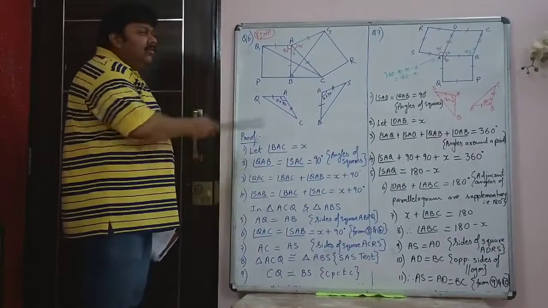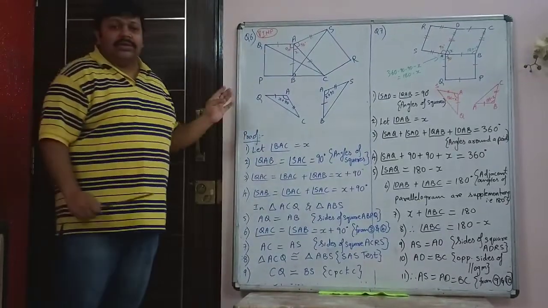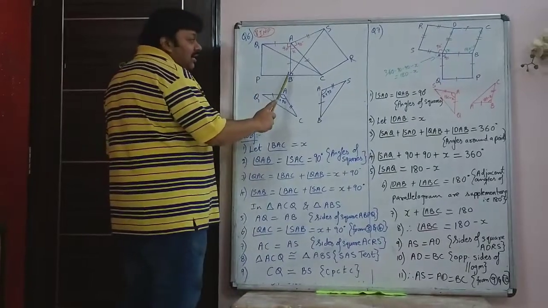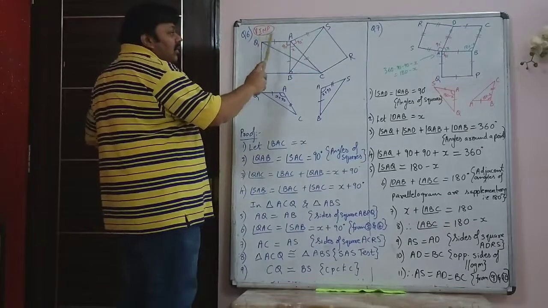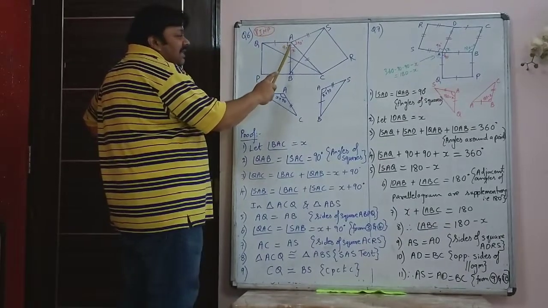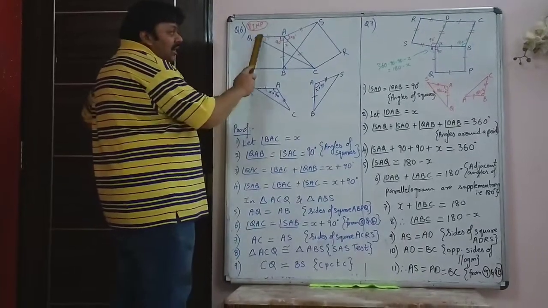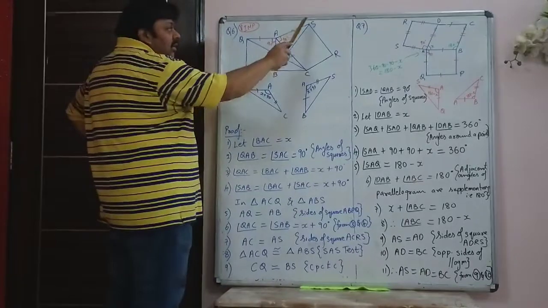A very simple sum, therefore I have called it important, because as I told you, such sums are asked in the boards. I have drawn two separate figures for simplicity. First we are taking this angle BAC, let it be x. Angle QAB is 90 because it is an angle of a square.